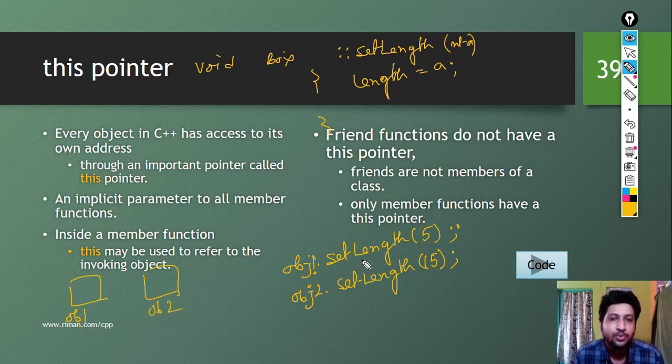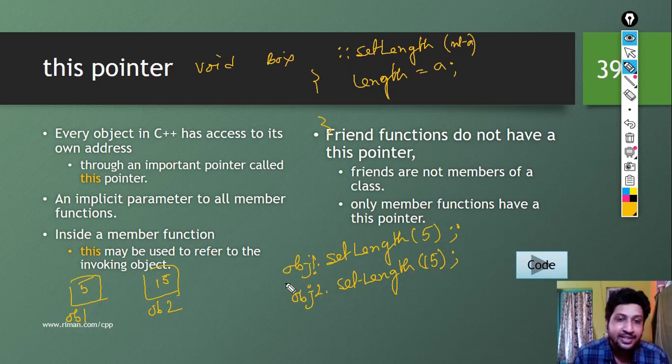When you use object 1 dot set length, it will set the length value 5 here, and it will set the length 15 here. They are not setting a single value. So how does the computer understand which version of the instance variable needs to be updated, because we are not mentioning any object inside the arguments? In a friend function we actually mention the argument, but in this operation we are not mentioning it.